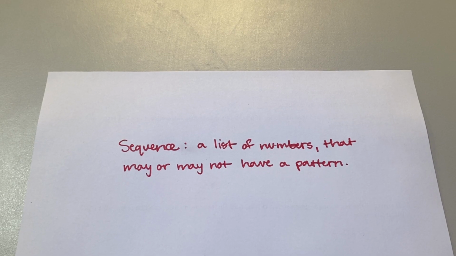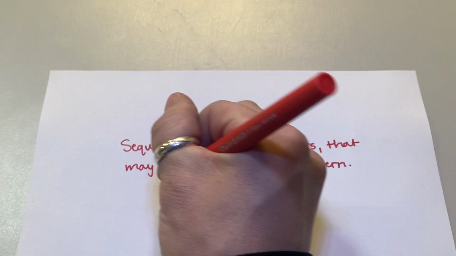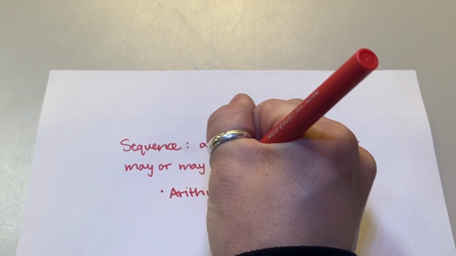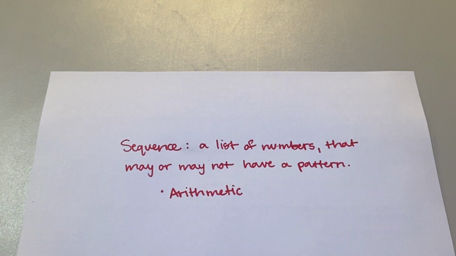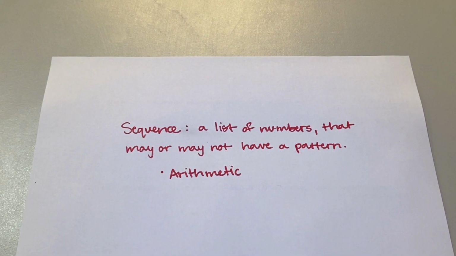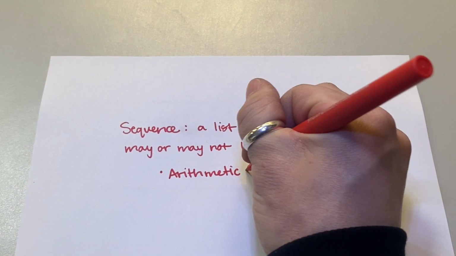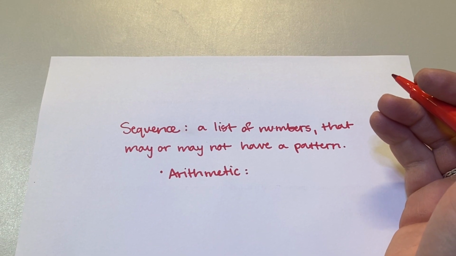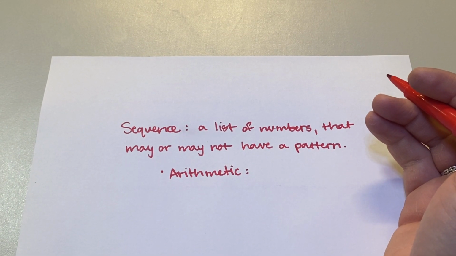We have a couple different types of sequences. The first one, I'm going to put a bullet point, is called an arithmetic sequence. This is when the numbers have the same difference, meaning they're changing by the same number every time.